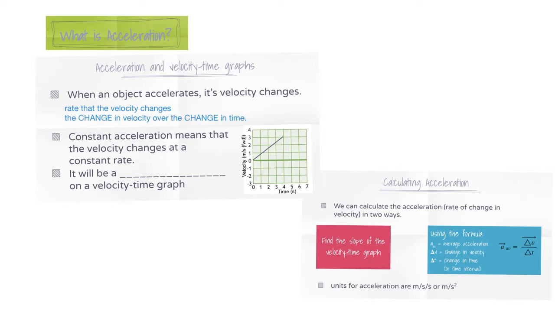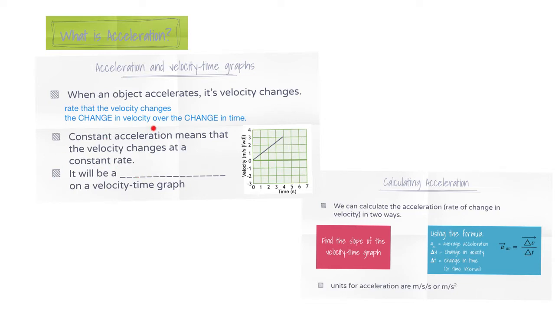In this class, we're going to look at constant acceleration. So in real life, we don't usually have constant acceleration, but it's a simplified way so that we're changing our velocity by the same rate in a problem. So that means that the velocity is changing at a constant rate.